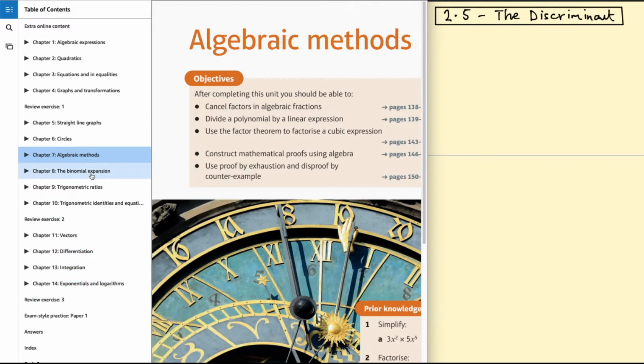So in the first year, there's like 3 or 4 major new topics. The rest is kind of like an extension of what you've already done, just the harder level topics in GCSEs, taking them and extending them a little bit.